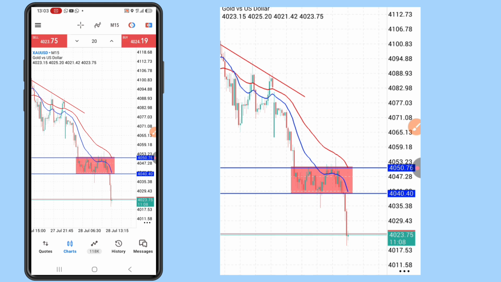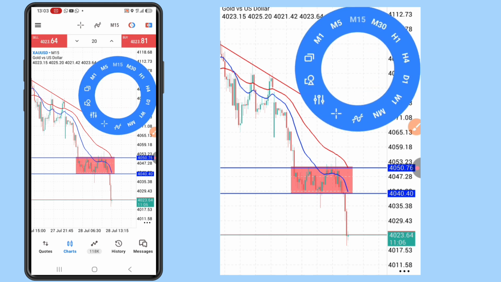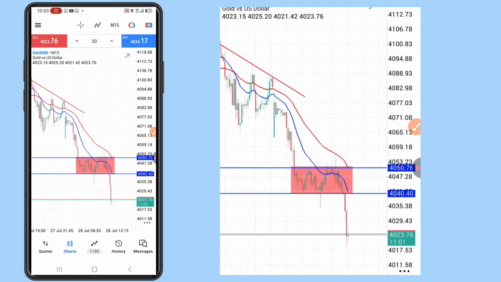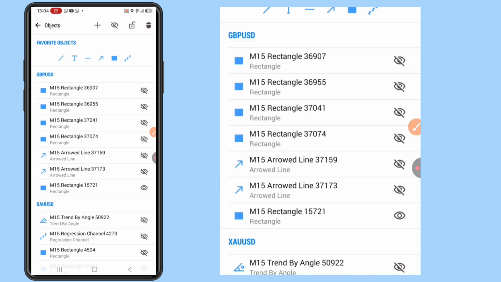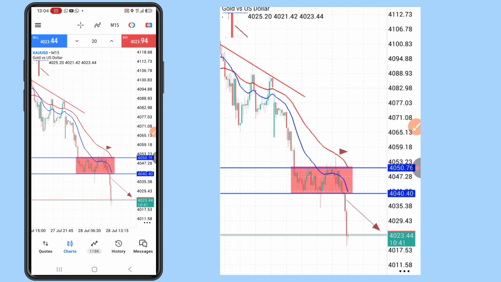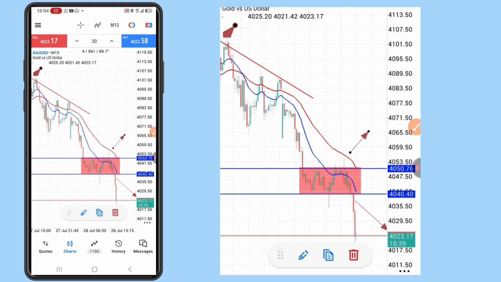So I was waiting for the market to cross this area to confirm the downtrend. The downtrend was supposed to start right from here and go down, which has already happened. I was also waiting maybe for the buy, for this movement above the resistance, so I would wait for the market to go up around here.